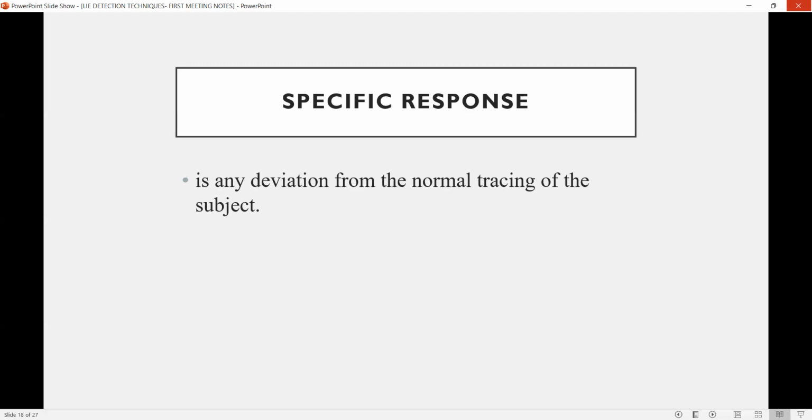So that's the specific response. Deviation from the normal tracing. Deviate na kay naglay na ka, i-propounda na ka relevant question and you lied.